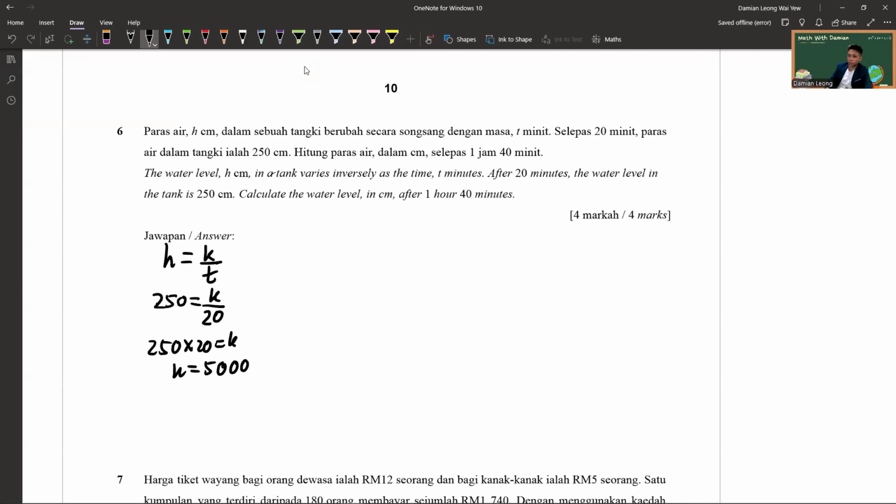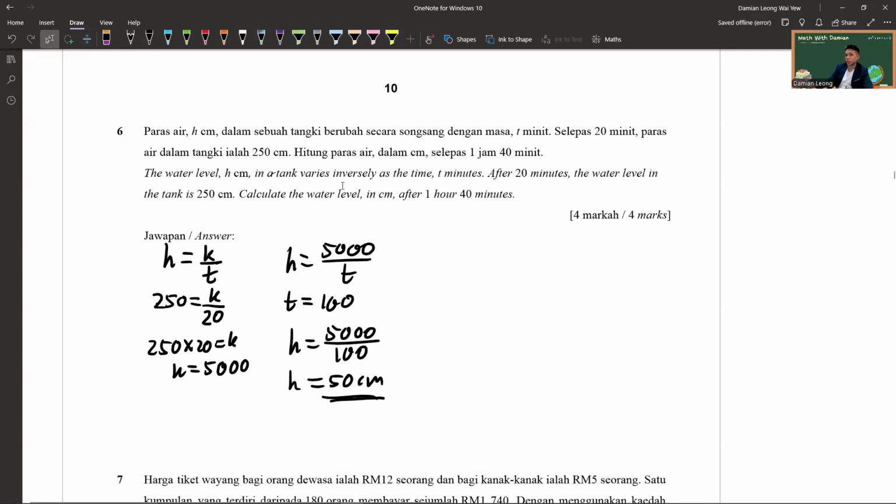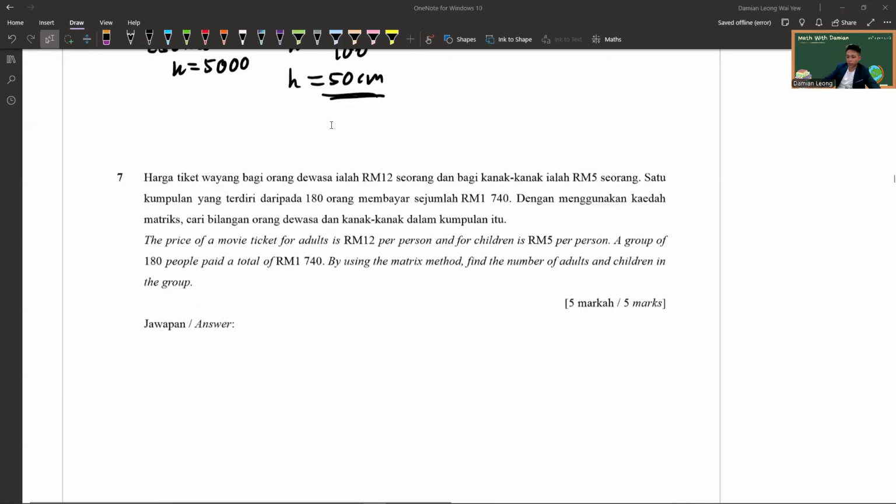So means H equals 5,000 over t. So I want when time is 1 hour and 40 minutes. So 1 hour and 40 minutes means 60 plus 40, 100 minutes. So H is 5,000 divided 100, which is 50. Yeah, so the height which is water level would be 50 cm. That's for question 6.